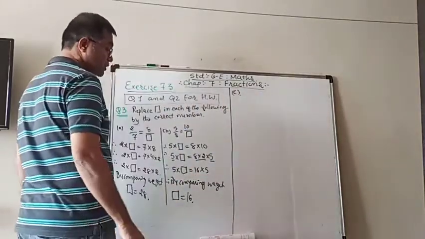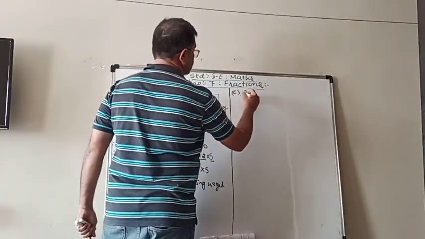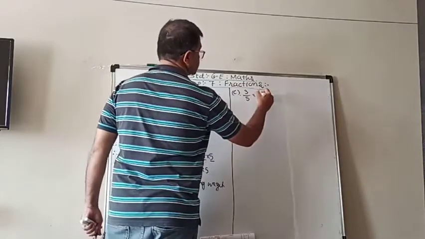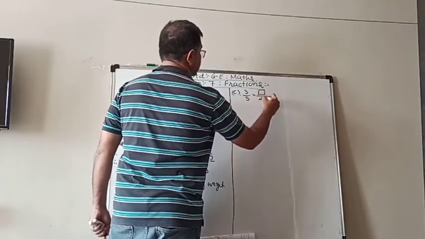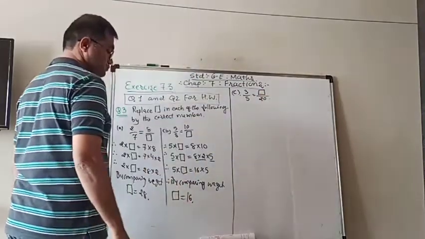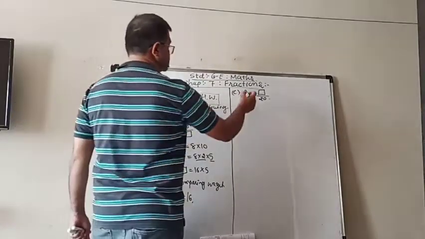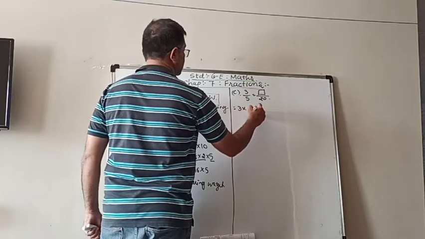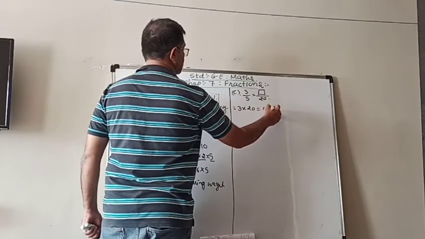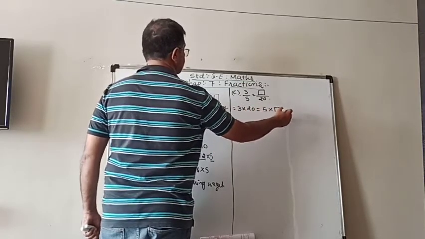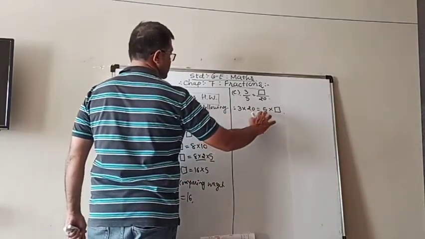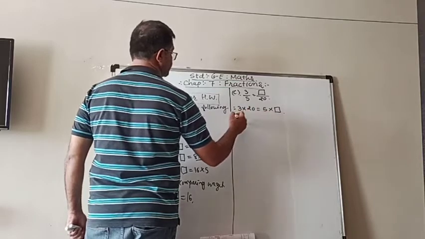C. 3 upon 5 is equal to box upon 20. So let's do the same thing. Therefore 3 multiplied by 20, 5 multiplied by box. Here 20 can be split as 4 fives, to bring the 5.